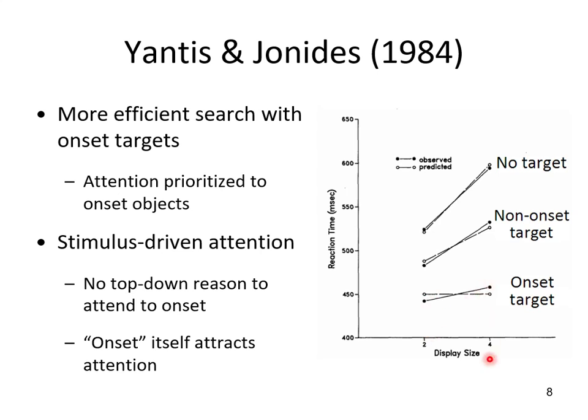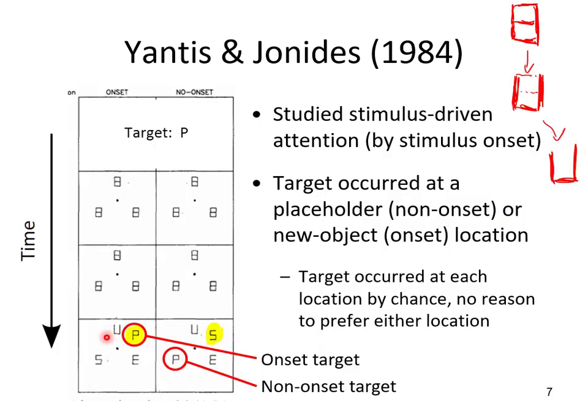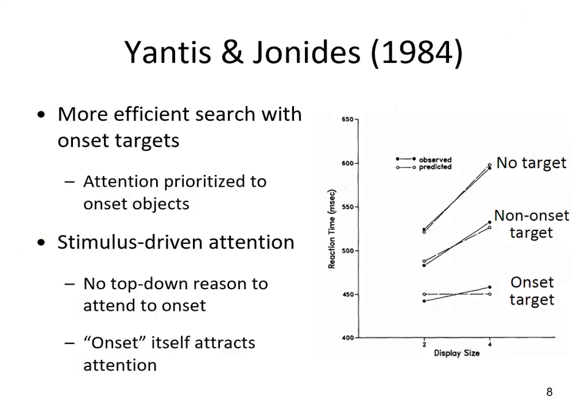Therefore, response time is independent of the number of items, right? What about the non-onset target? The non-onset target is nothing special, and you have a number of non-onset items here as well, so you have to look at them one by one, and therefore the response time is slower and less efficient.